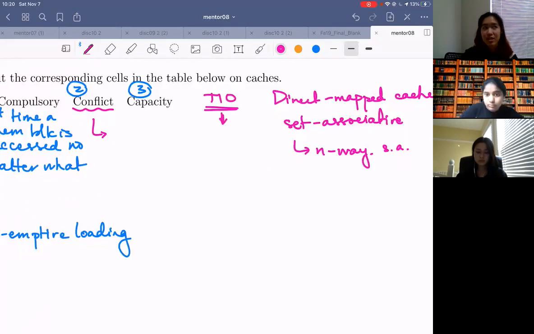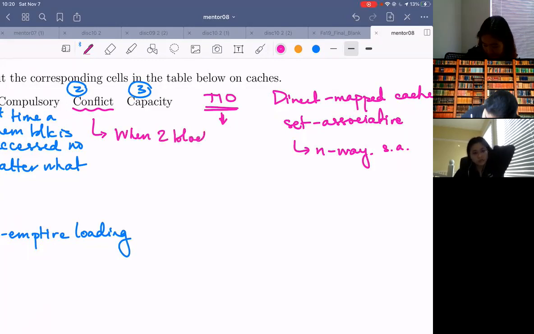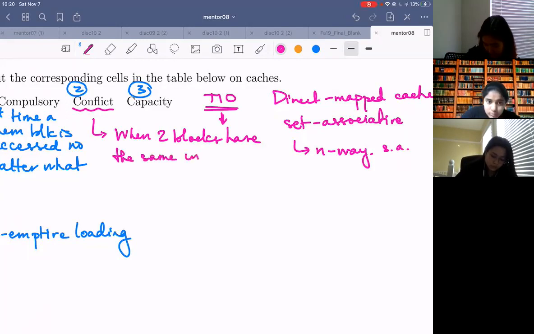It's when you miss something and then have to replace it because there's a conflict of indices. So this happens when two blocks have the same index, or indices, aka maps to the same set.